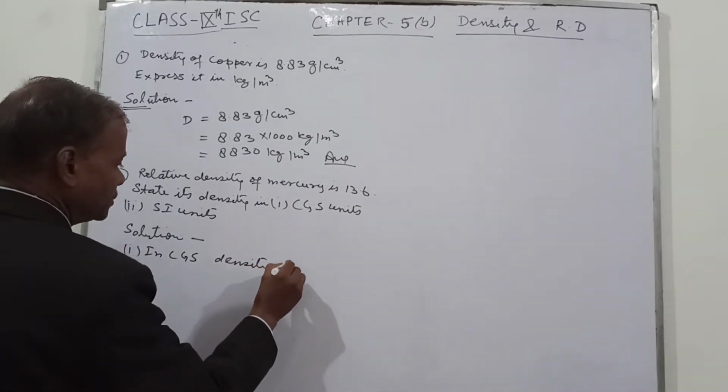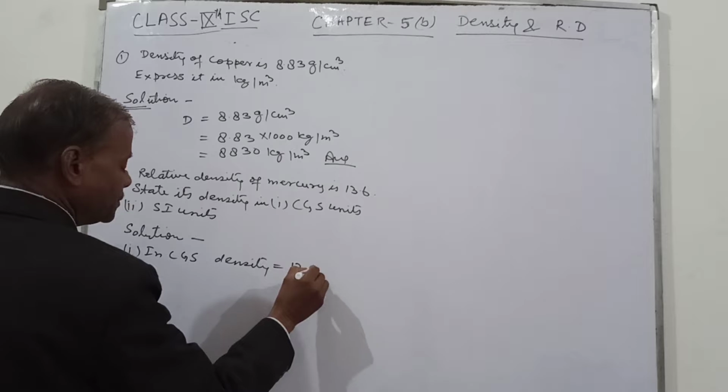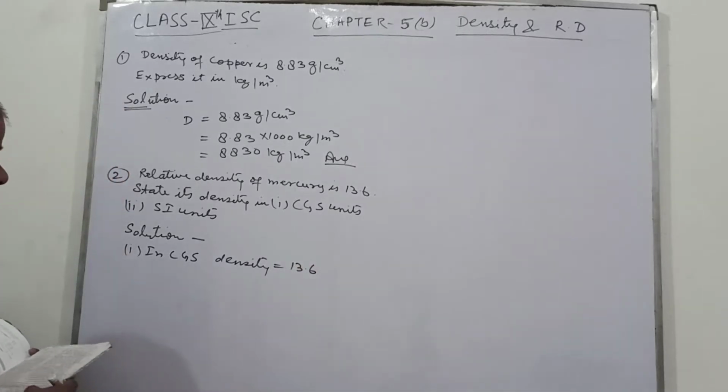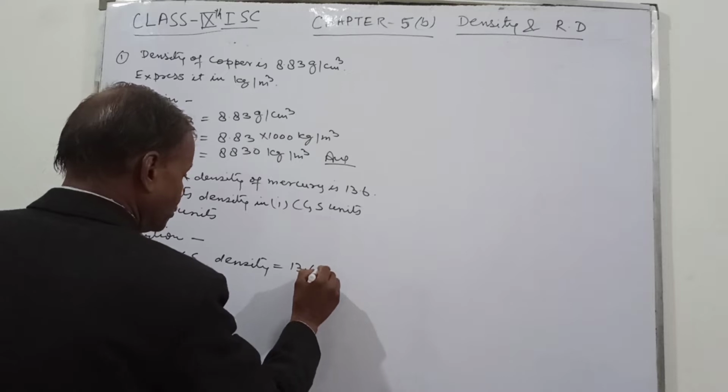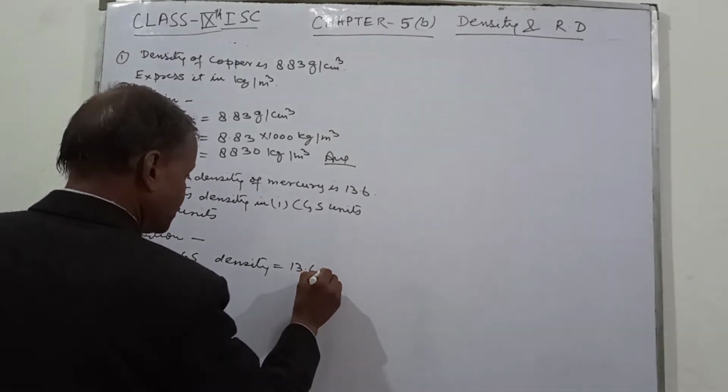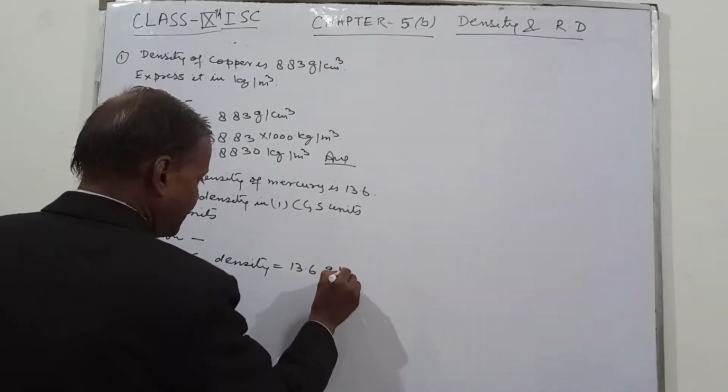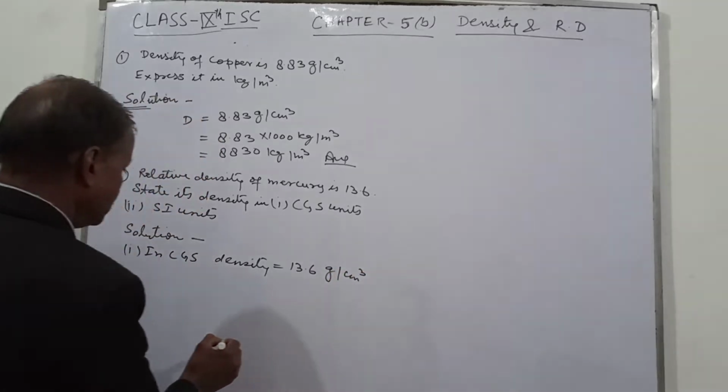This is your 13.6 and the density of water is always equal to 1. So this is 13.6 gram per centimeter cube.